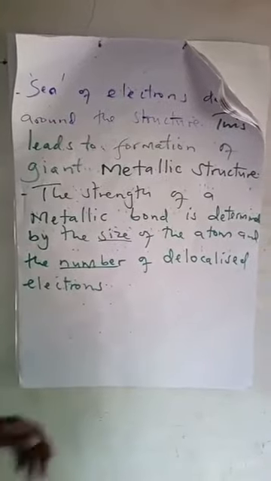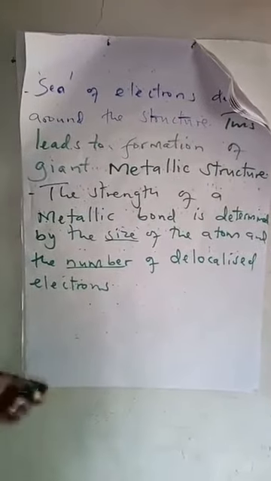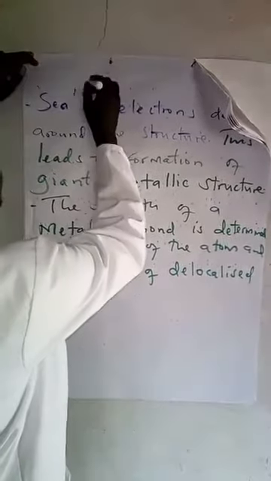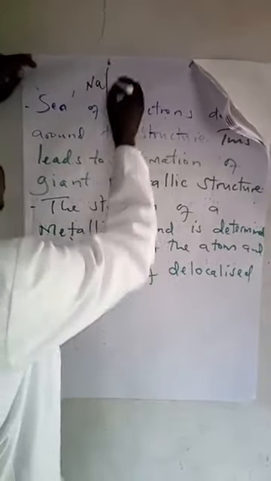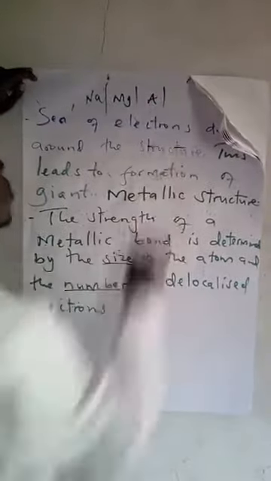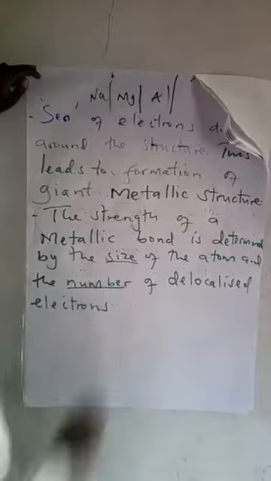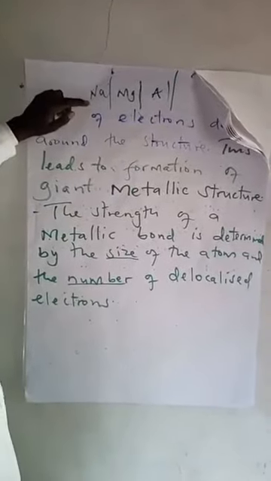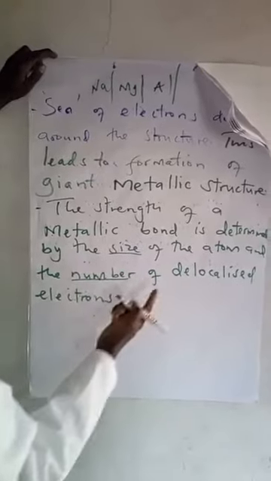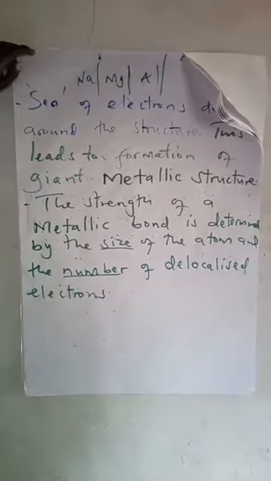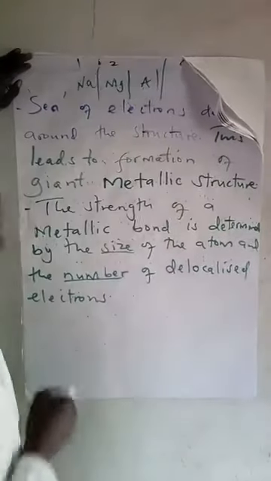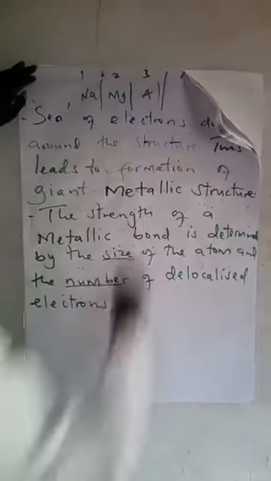For example, period 3 has sodium in group 1, magnesium in group 2, and aluminium in group 3. The valency of sodium, so the number of delocalized electrons an atom of sodium gives up, is 1. Magnesium, 2 delocalized electrons. Aluminium, 3 delocalized electrons.